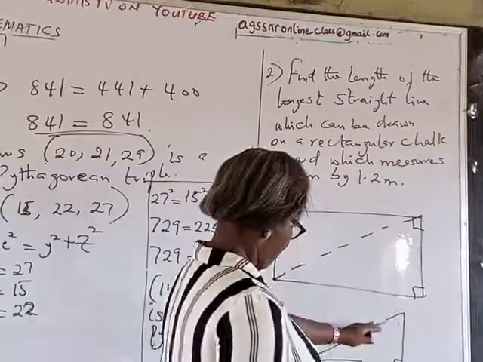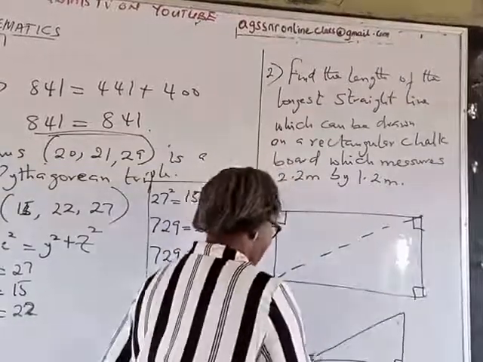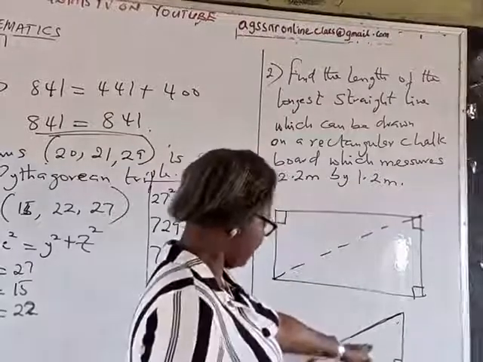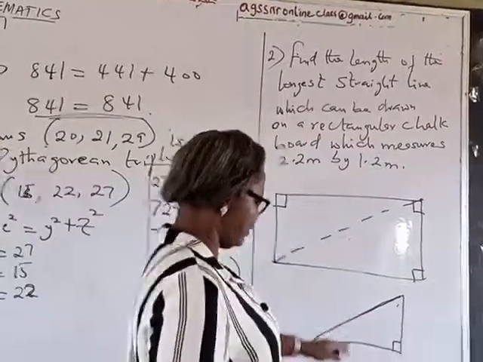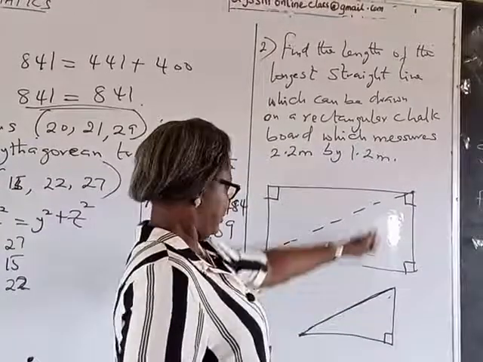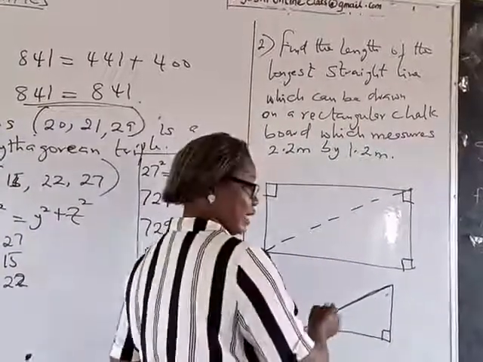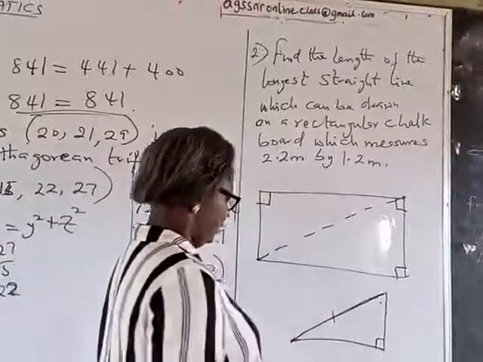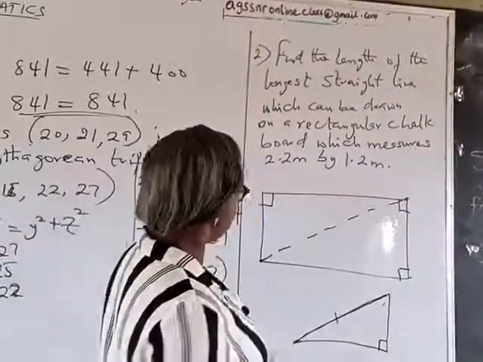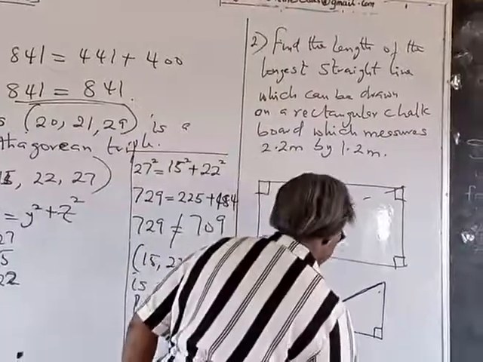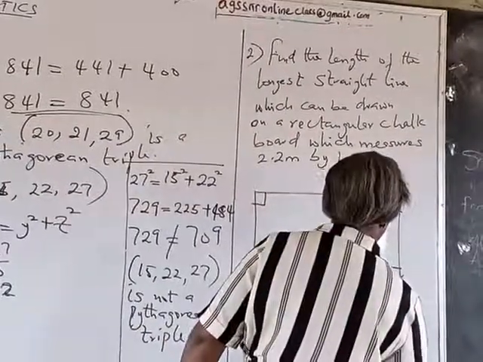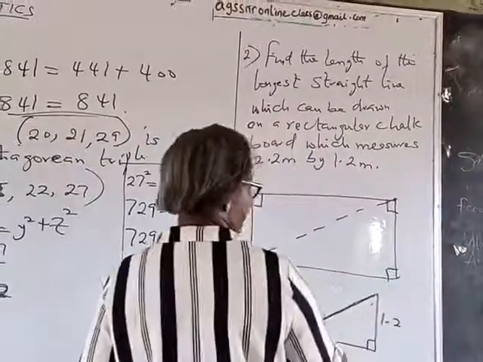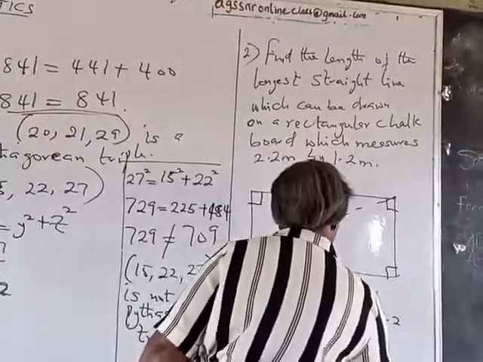So now we have a right angle triangle being carved out of this. The longest side is the diagonal, which represents our hypotenuse side. This is the longest side in question now. The other two sides are represented by 2.2 by 1.2. So we are asked to find this longest side, which we can represent with x.